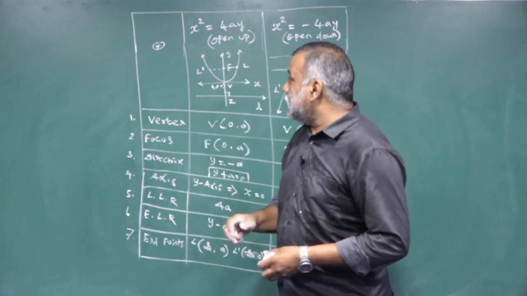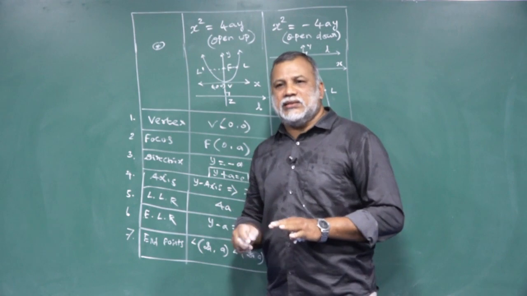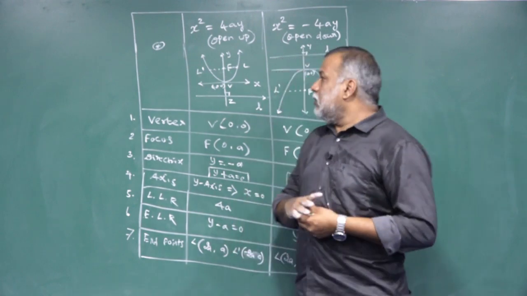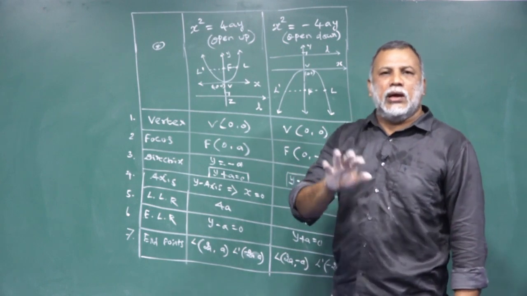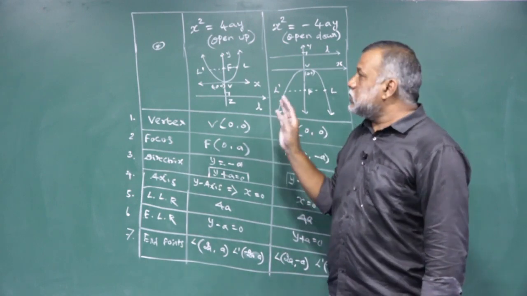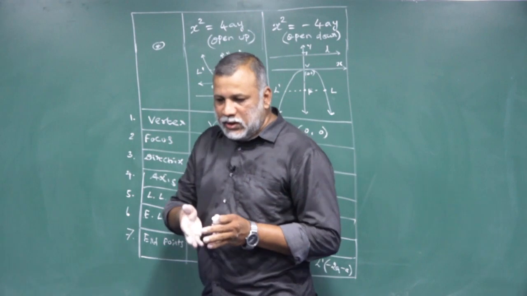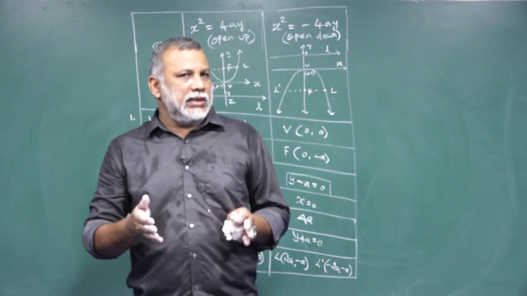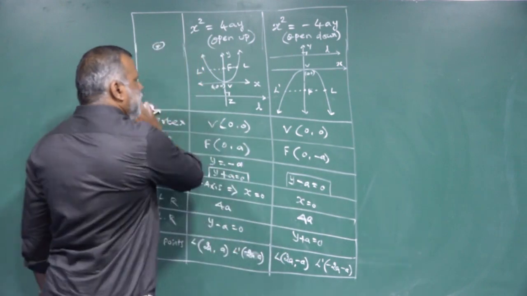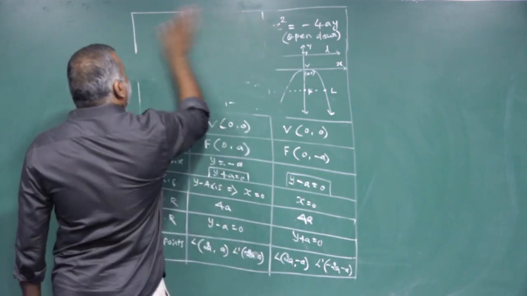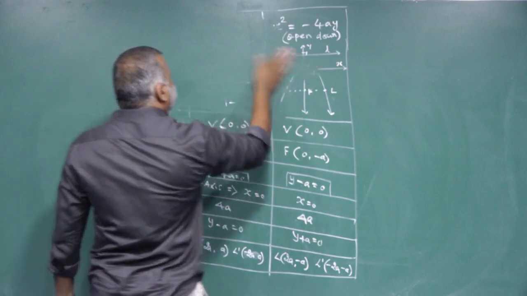So we must learn the basic results without memorizing. By using the diagrammatic explanation, you are able to recall all the results. So we have already worked out the basic definitions and the basic results, all 4 types so far we discussed. Now we have only one more theoretical concept.